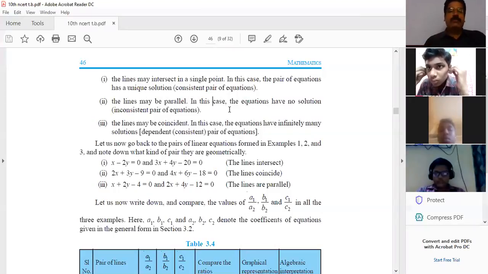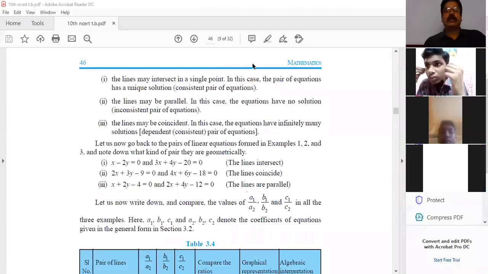First case: if the equations are intersecting at one point, they have a unique solution, and those equations are consistent.